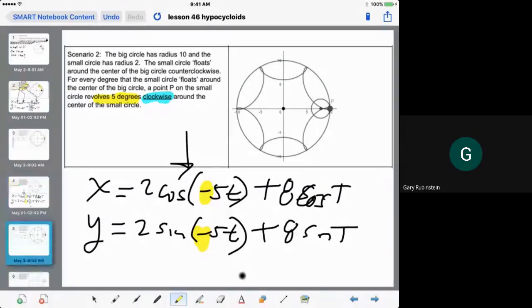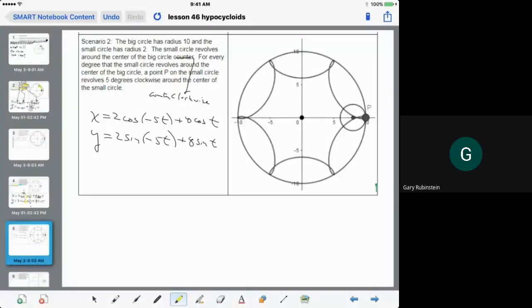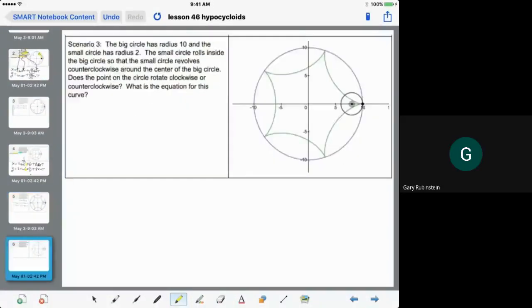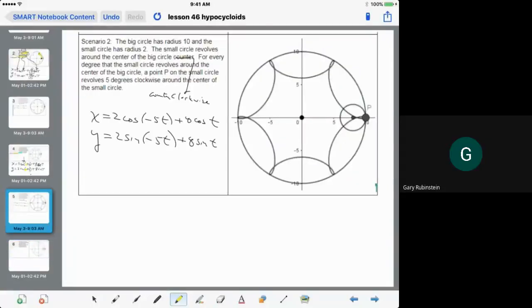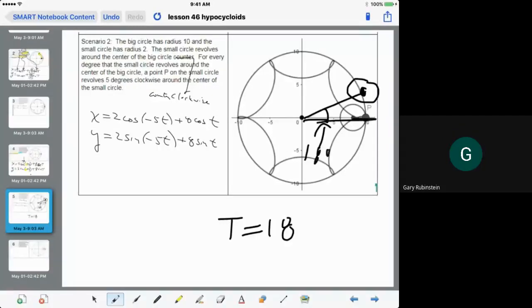Now, just to go a little more with this, let's take a time where t equals 18. So 18 degrees have happened, so I have this 18-degree angle. Where will this point end up right now?